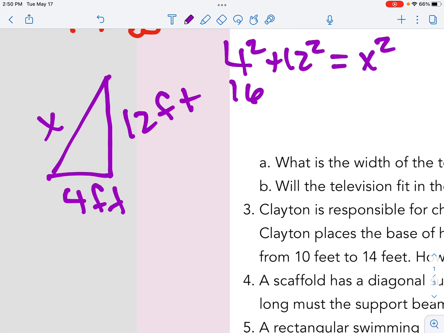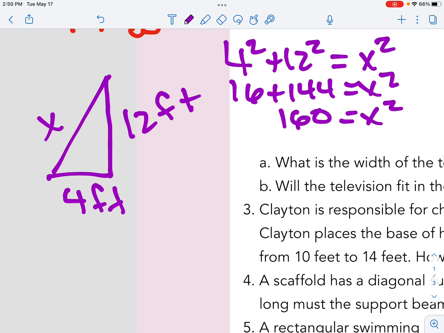So 16 plus 144 equals x squared. So 160 is equal to x squared. I take my handy dandy calculator, put in 160, and I get 12.6. 12.6 feet, approximately. I forgot feet.